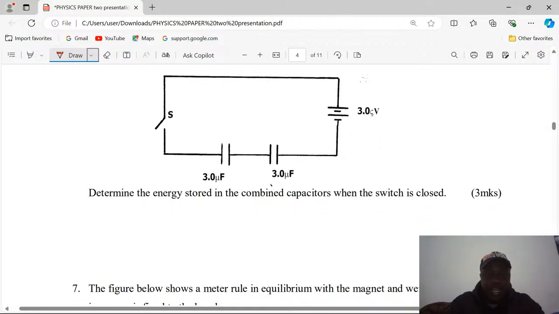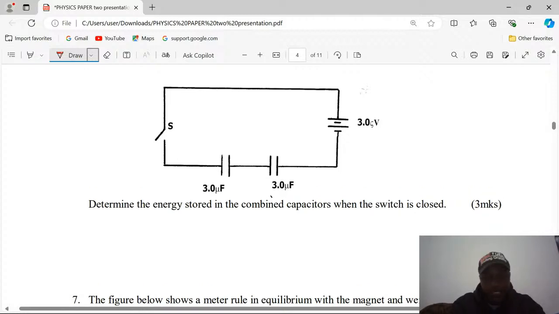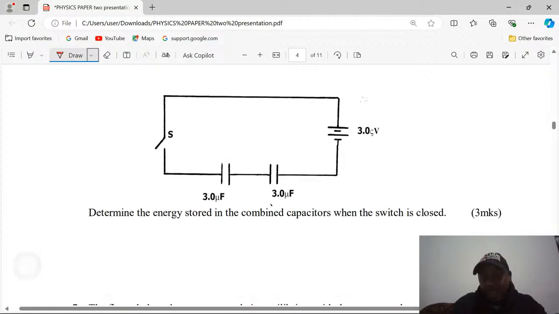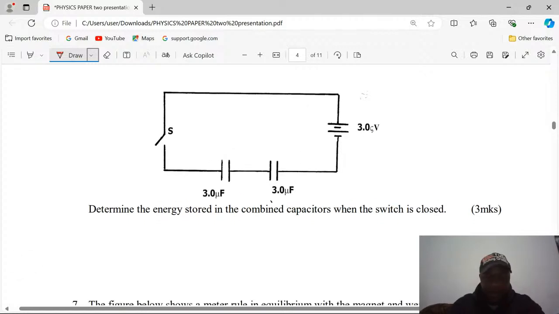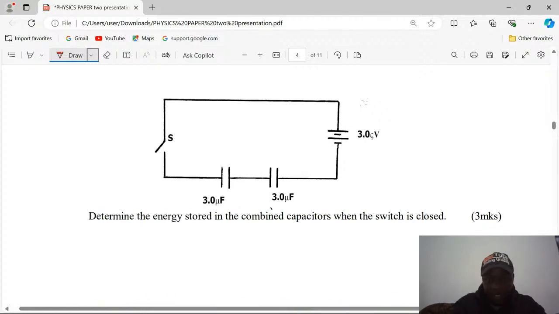Determine the energy stored in the combined capacitors when the switch is closed. So when you close the switch, charge is going to flow and there will be work done during the movement of the charges across the potential differences in the given capacitors.